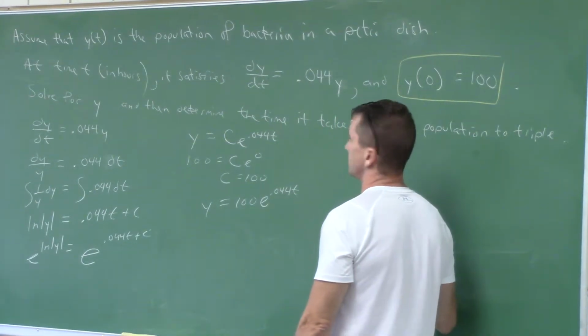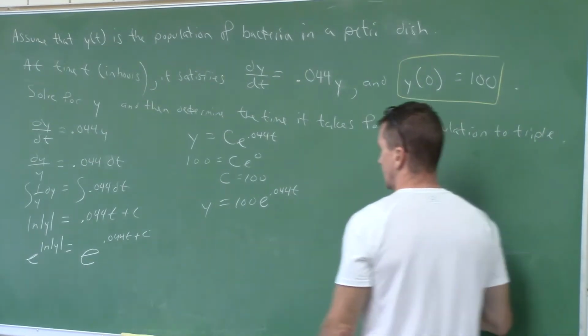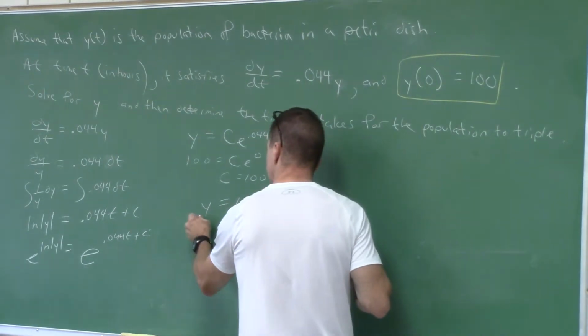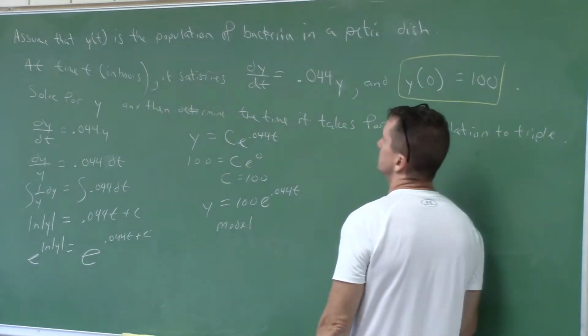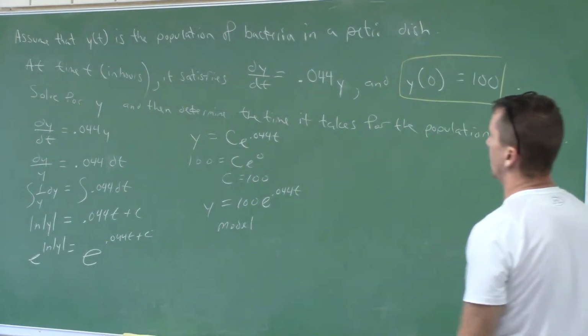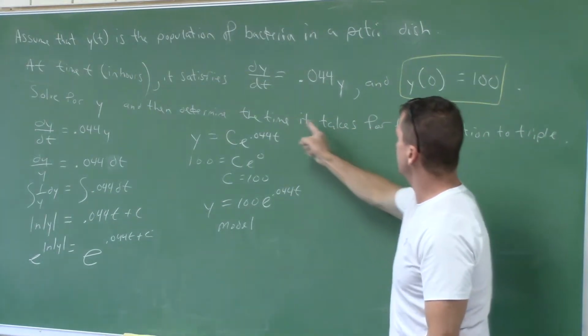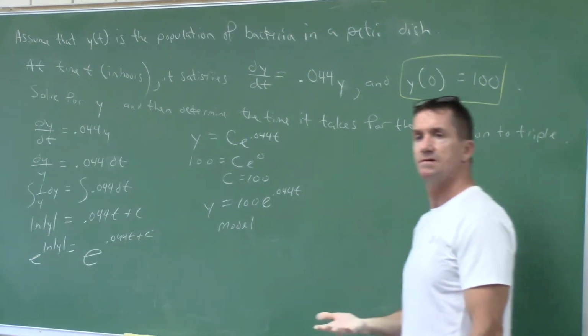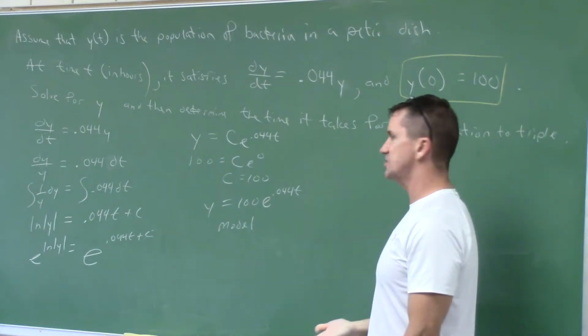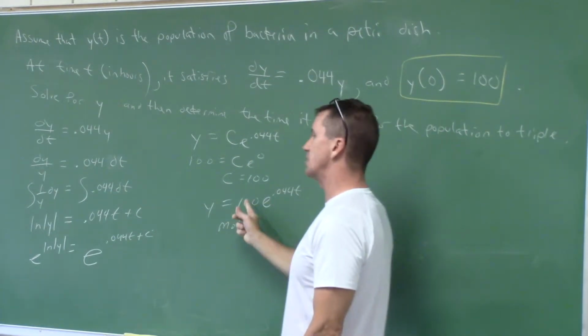All right, now it's pre-calculus time. And when you got the model, this is your model. This model's the bacteria, right? So you've done the first part of the problem, but then they ask, can you determine the time it takes for the population to triple? Now we're doing pre-calculus stuff. Remember how to do this? What's triple 100? 300.